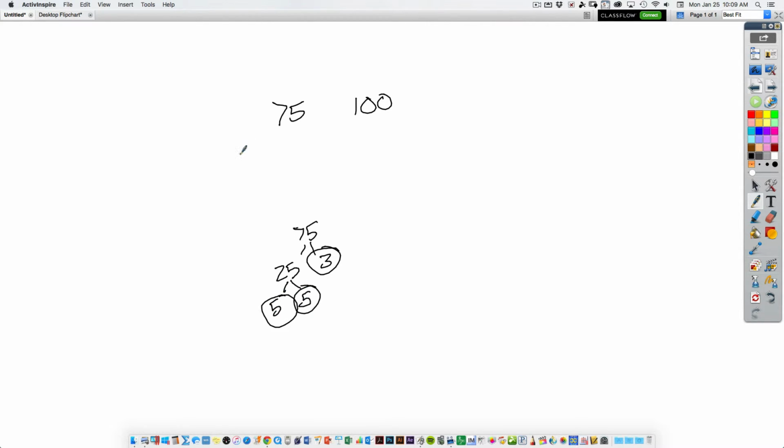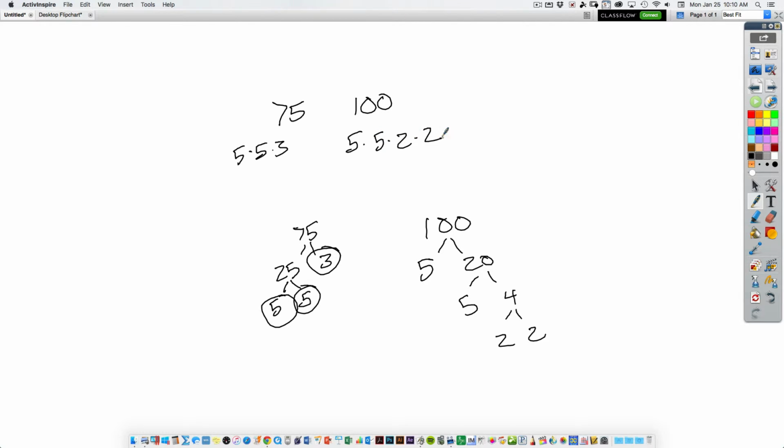Find the prime numbers, so 5 times 5 times 3. Now I'm going to do 100, and that's 5 times 20, then 5 times 4, and that's 2 times 2. So I have 5 times 5 times 2 times 2.